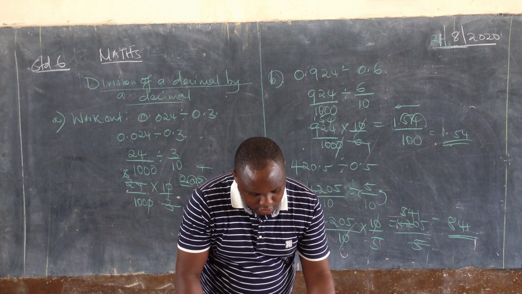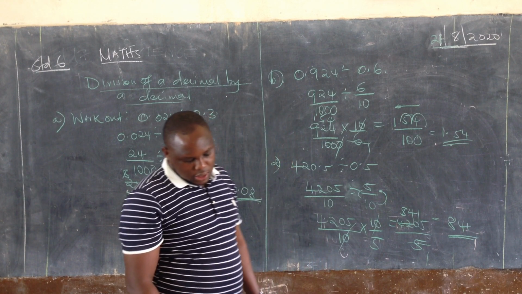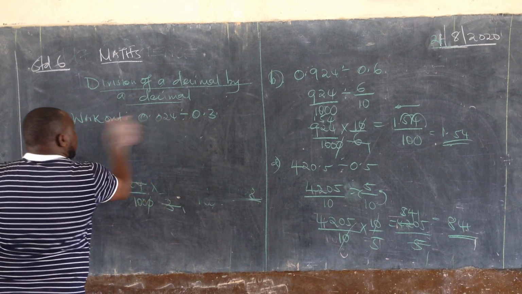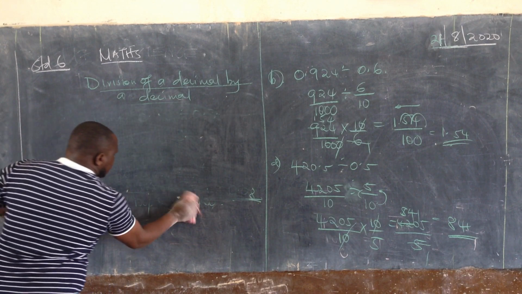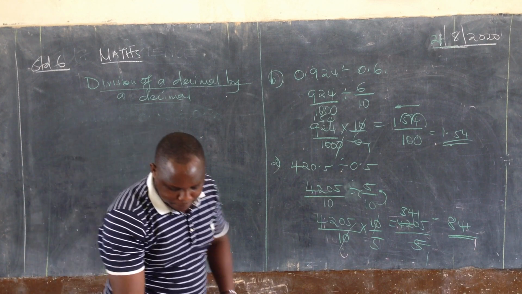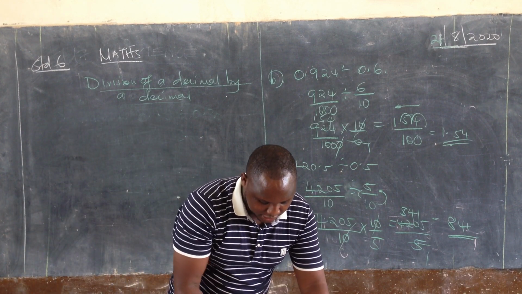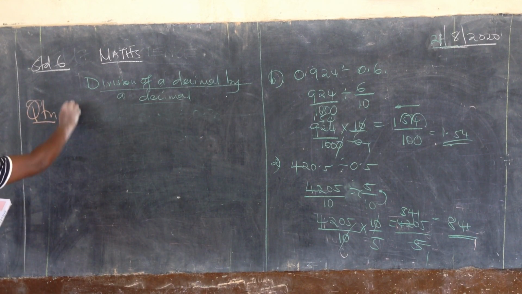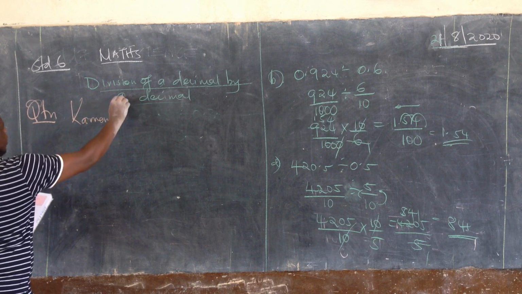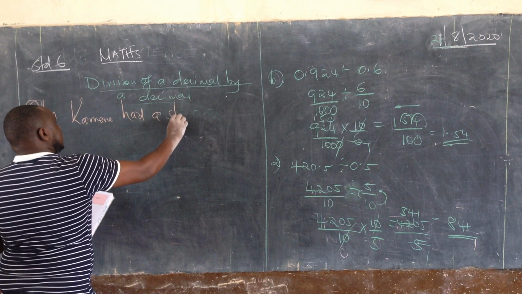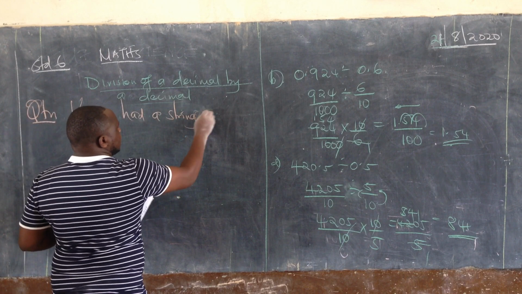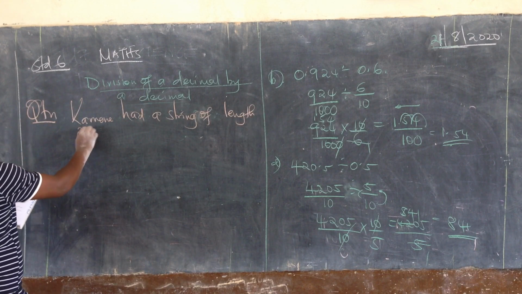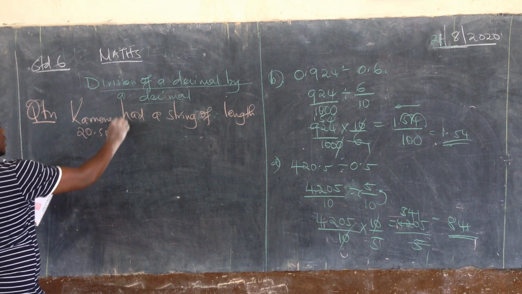Then I want to do the last part. And this is a word question. I'm going to write it here on the board. Kamene had a string of length 20.5 meters long.